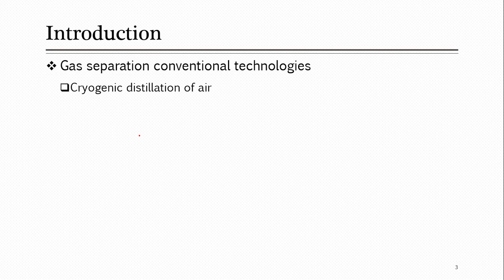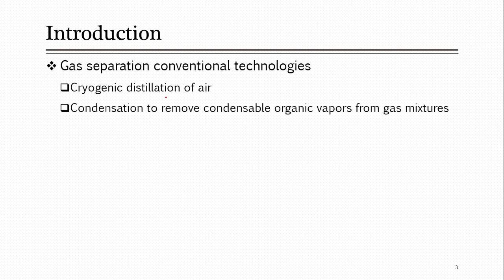Actually the constituents of air, nitrogen and oxygen, are condensed, and then you go for distillation for separation of those constituents. So this is one of the techniques which is used for separating either oxygen or nitrogen from air.